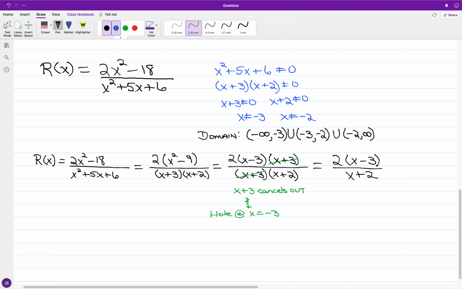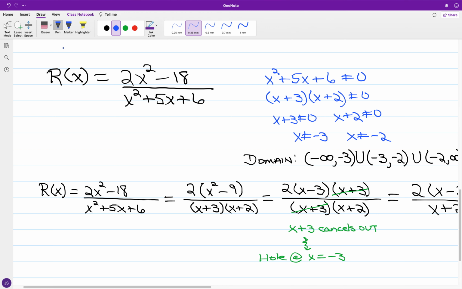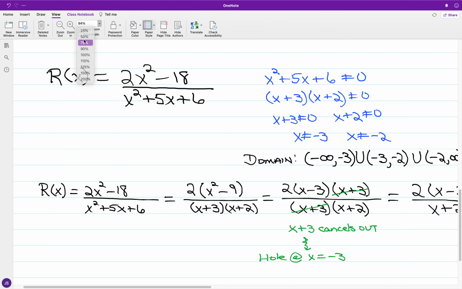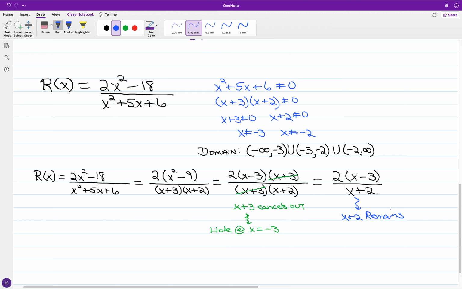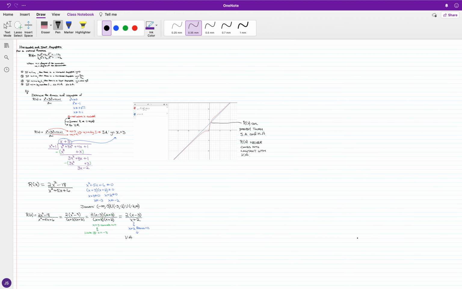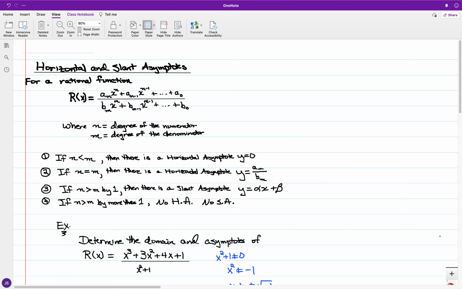Regardless, the denominator factor x plus 2 remains. And since x plus 2 remains, this means that the restricted value of negative 2 defines the only vertical asymptote there is for this rational function. So we'll have a vertical asymptote at x is equal to negative 2.